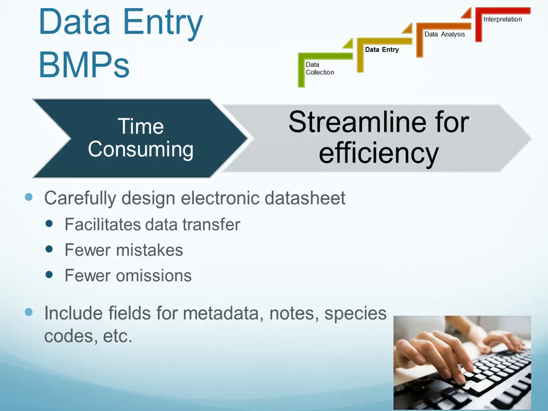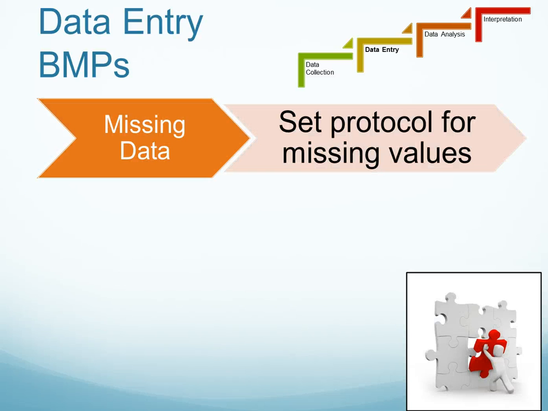It's important to be sure to include fields in the electronic data sheet for metadata and also for any extra notes, information about species code, and other information that needs to be retained with the data. Essentially, we want to make sure that all of the information that's on the data sheet stays with the data in its electronic format. Now, missing data happens.